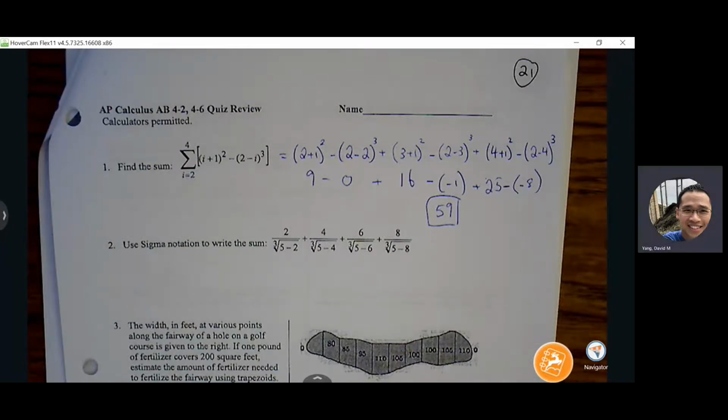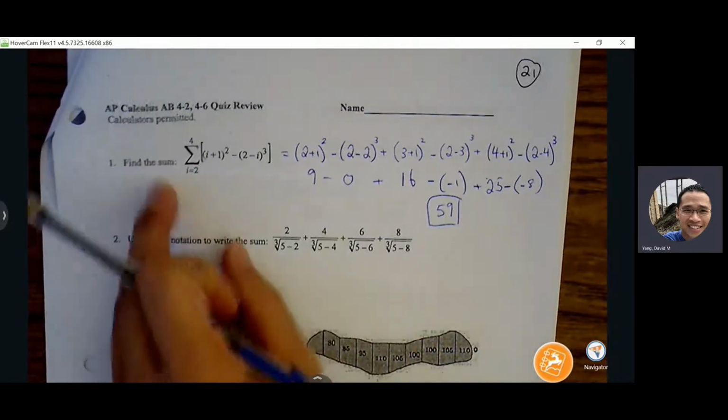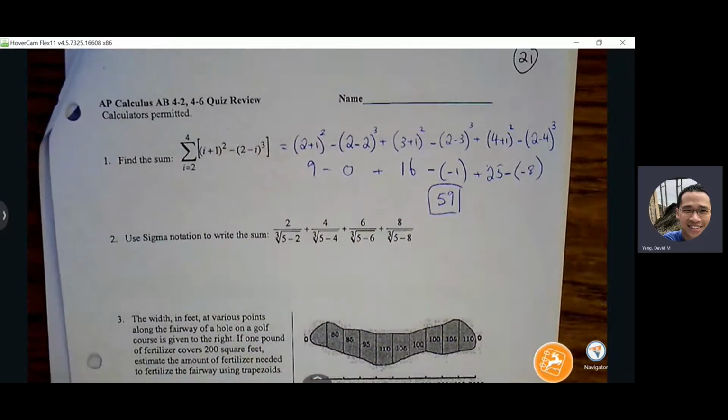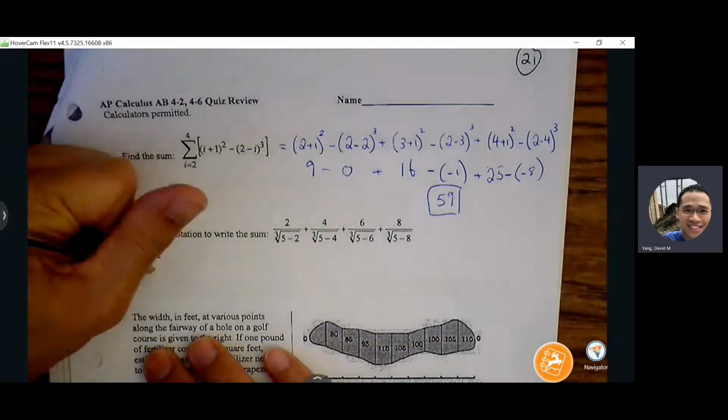Okay, so now number 2, we're going the other direction. Use sigma notation to write the sums. Now we want to try to get these sums to be in this form. Okay. So typically, what we can do is we can do summation.